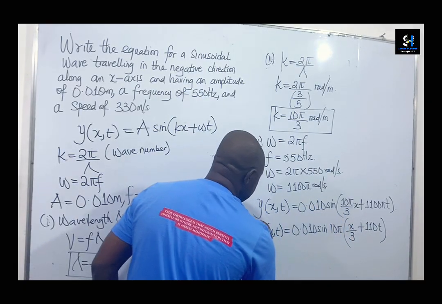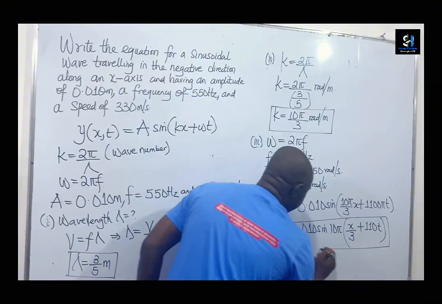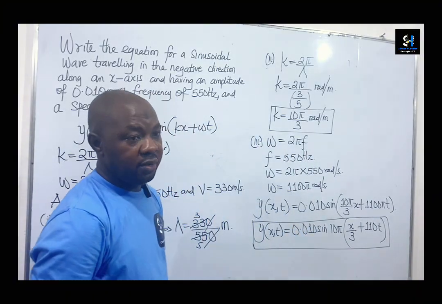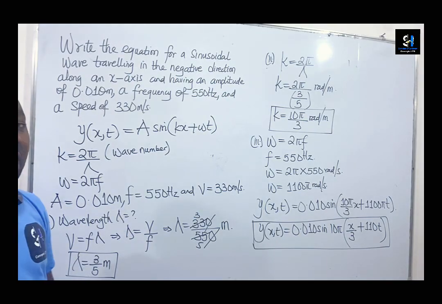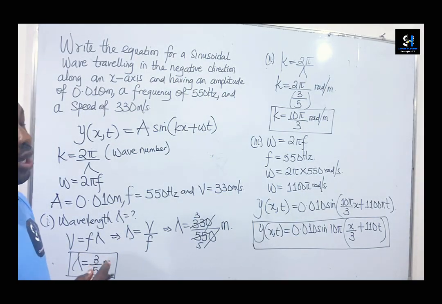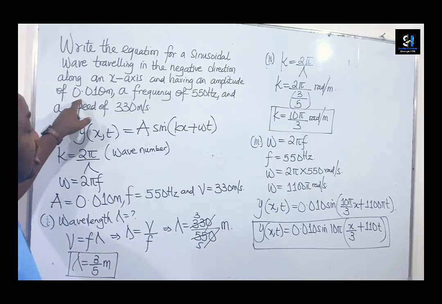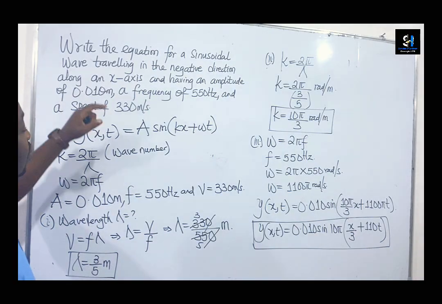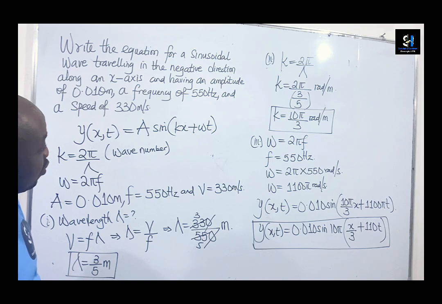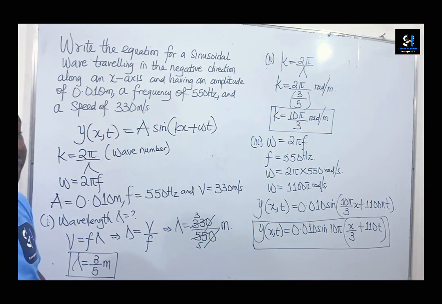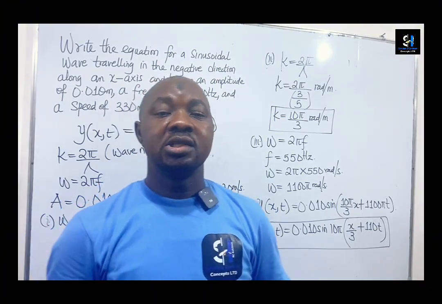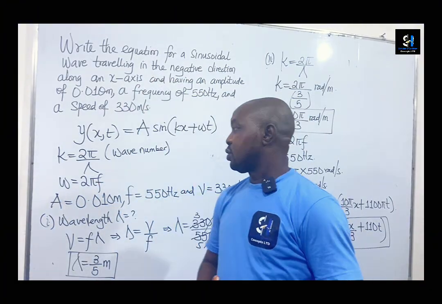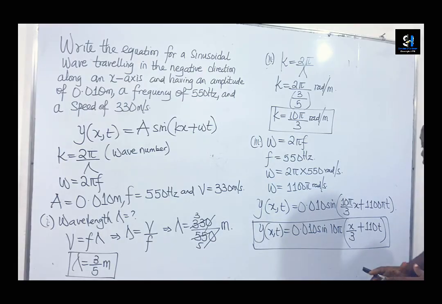This is the equation of a sinusoidal wave traveling in the negative direction along an x-axis when the amplitude of the wave is 0.010 meters, the frequency is 550 hertz, and the speed of the wave is 330 meters per second.